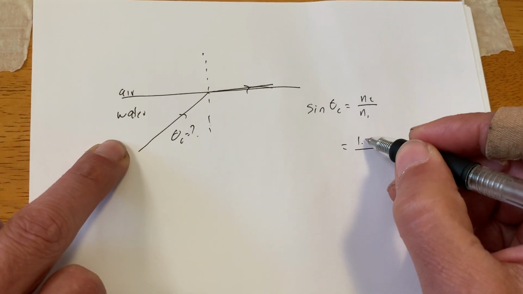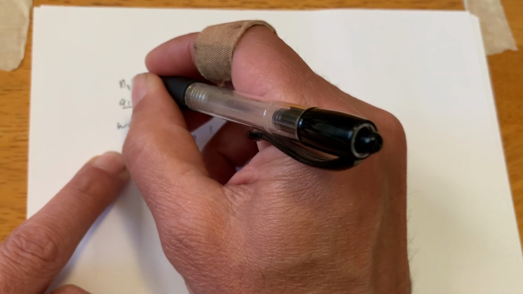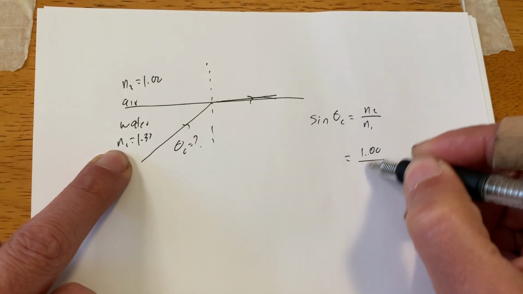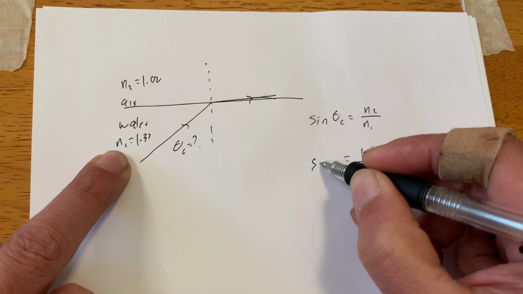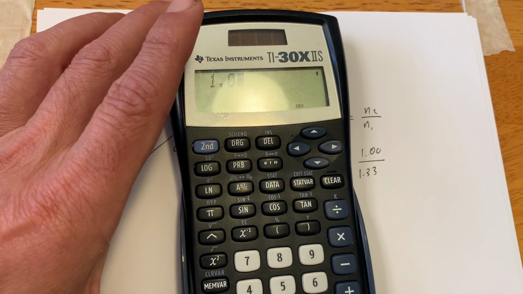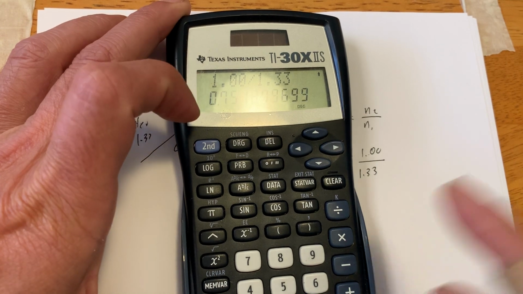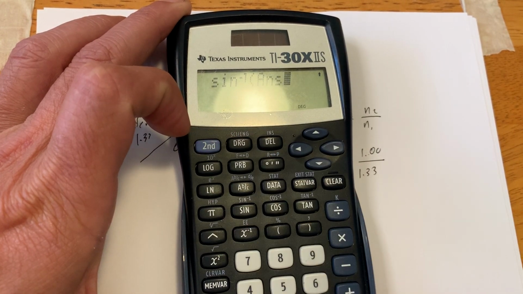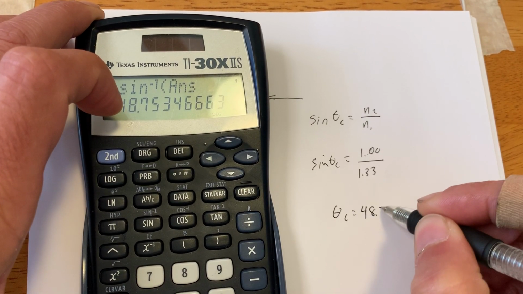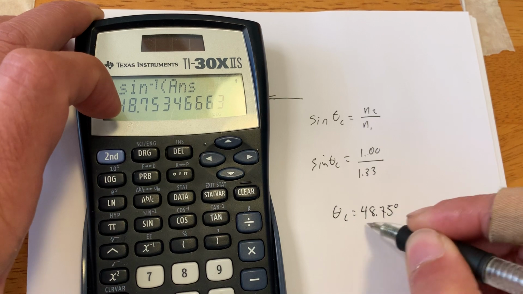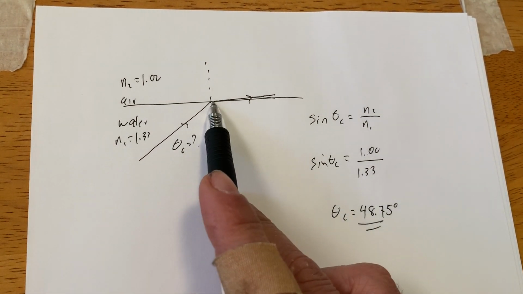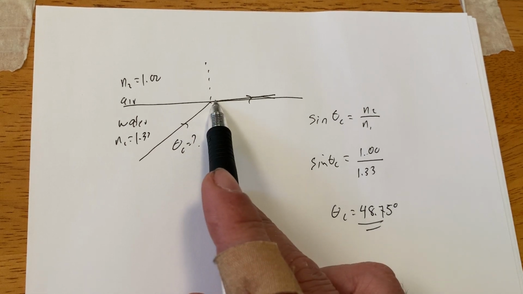Reference table: air is N2, water is N1, 1.33. So 1.00 divided by 1.33 is sine theta critical. Let's do a little bit of math. 1.00 divided by 1.33. I need the angle, so second, sine, second, answer, enter. What that tells me is if I am at 48.75 degrees, this theoretical angle will get the light ray to do what?